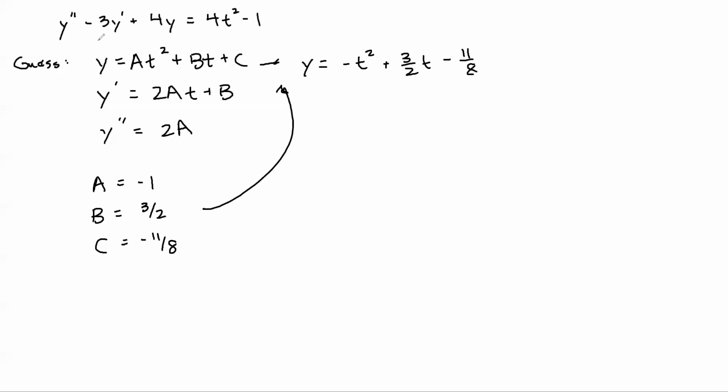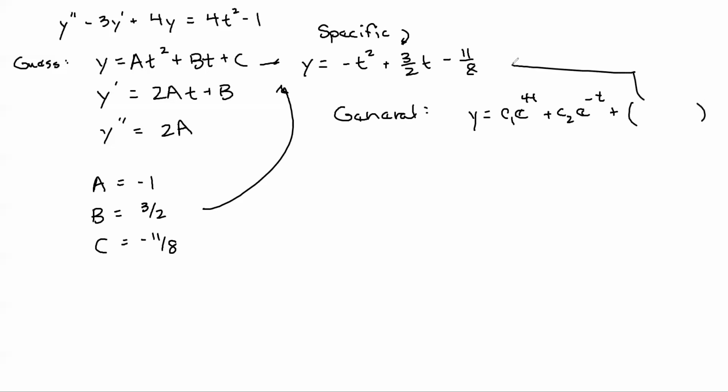So that's going to be a specific solution. That's just one, right? That's our specific solution. And then the general solution then would be, using our solution from the previous page, C1 e to the 4t plus C2 e to the -t, and then plus the specific solution that we just generated. You just pop it right in there, and then that will get you the general solution to the non-homogeneous.